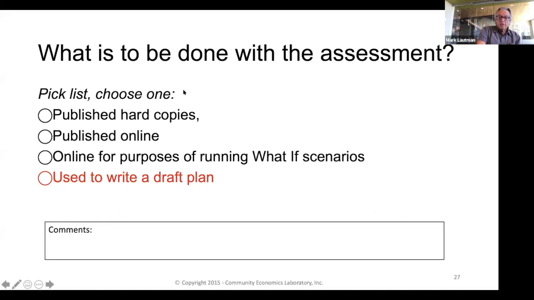What's to be done with the assessment? This is another one where people a lot of times in a group have different ideas about what this finding or ultimate conclusion that the assessment produces is for. You're going to publish it and try to get the community to buy into it. You're going to publish it online and continue to work it. What are you going to use it for, playing with scenarios? In this case, we said you're going to use this assessment to outline the parameters of a broader planning effort that needs to take place.